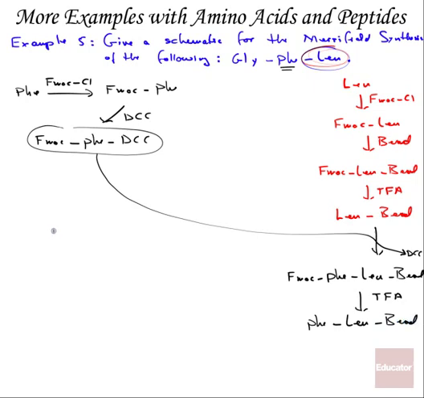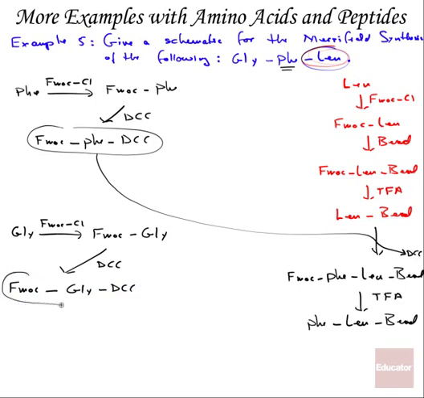Now I'll go ahead and prepare my second amino acid. That's going to be glycine. So I'm going to react glycine with FMOC chloride. So I'm going to get FMOC gly. Notice that the FMOC is on the N side. Okay? And then I'm going to react this with the DCC to activate the carboxyl, so it'll actually react. So I end up with FMOC, gly, DCC.